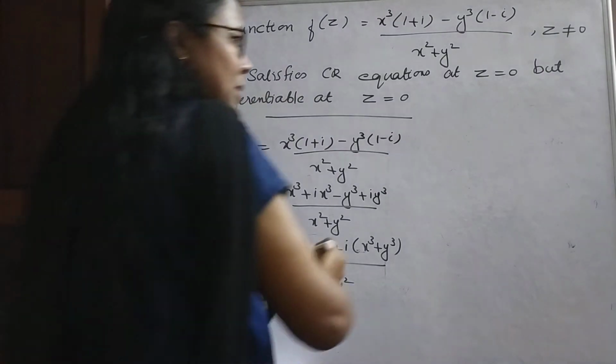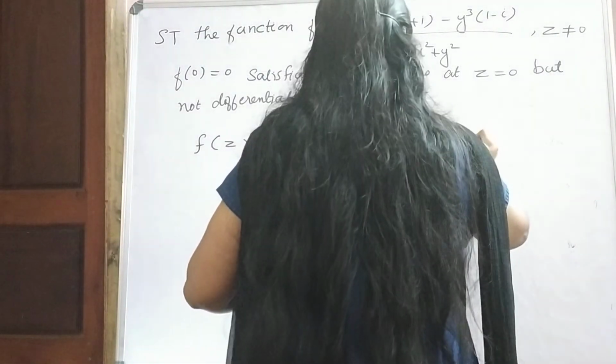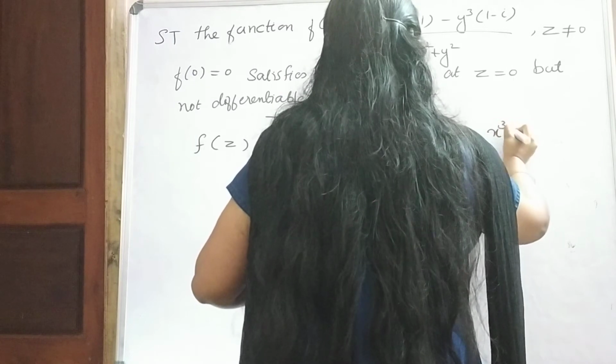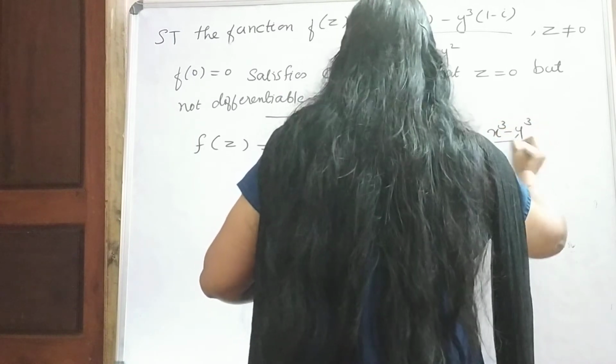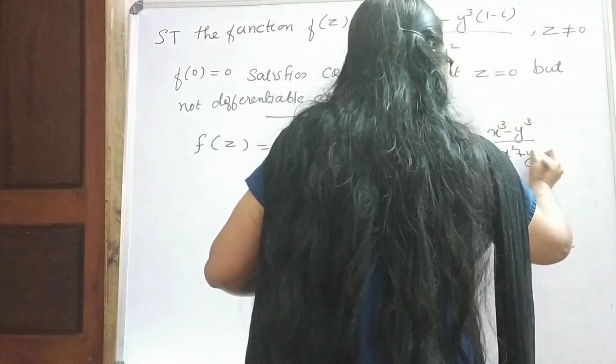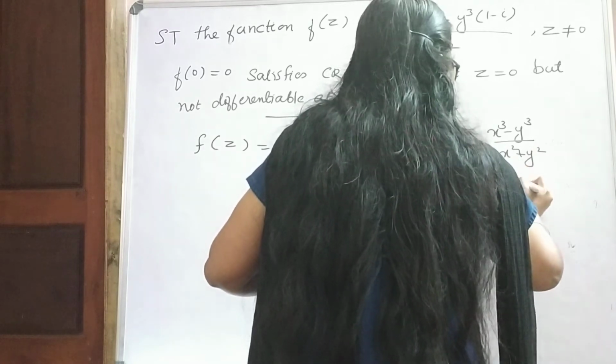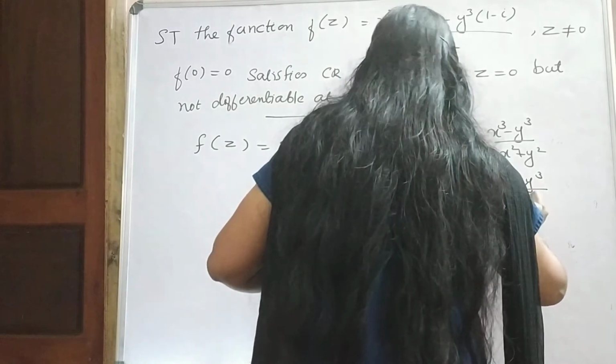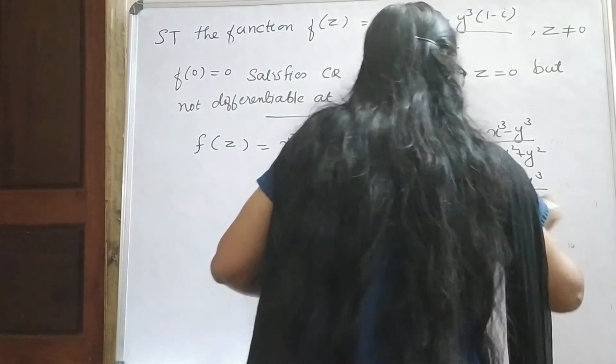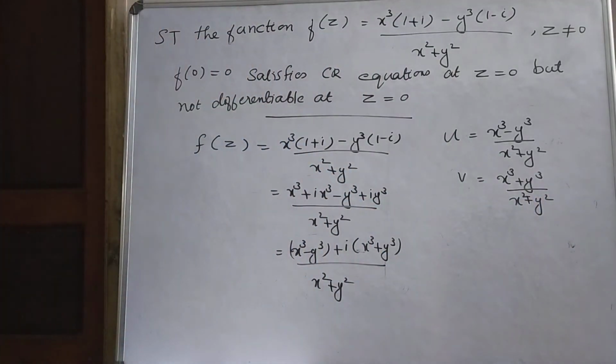Here u is the real part, which is equal to x cube minus y cube by x square plus y square. Also v equal to the imaginary part, which is equal to x cube plus y cube by x square plus y square. Here we get the real and imaginary parts.